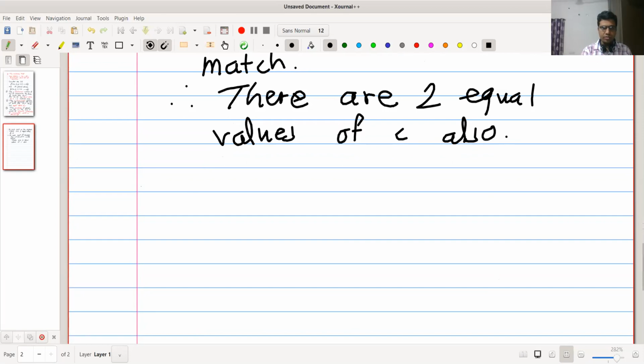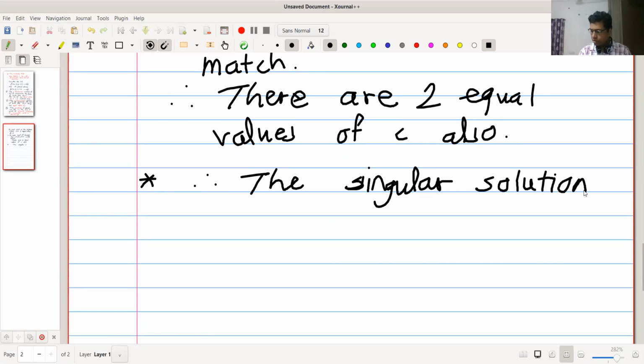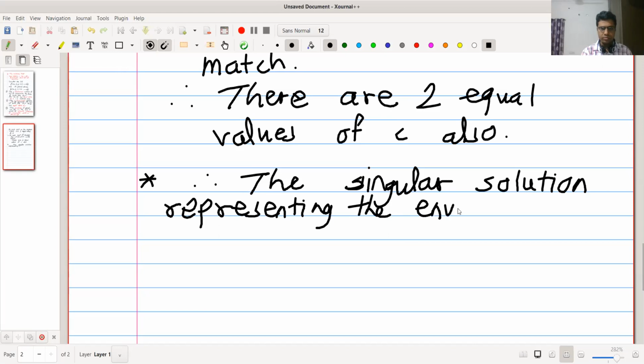So this means, therefore, the singular solution representing the envelope must appear in both the P and C discriminant relations.